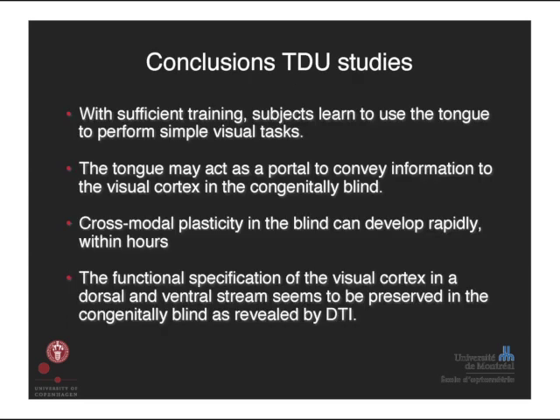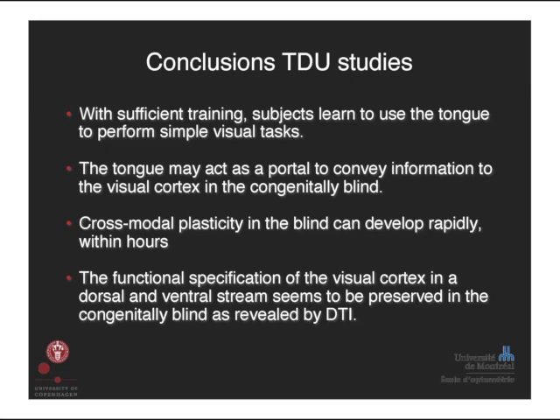So the first conclusions would be that with sufficient training, subjects can learn to use the tongue to perform simple visual tasks, because these tasks are simple. And so the tongue might act as a portal to convey information to the visual cortex in the brain. We will see later on how it is possible that your tongue gets connected to your visual cortex.